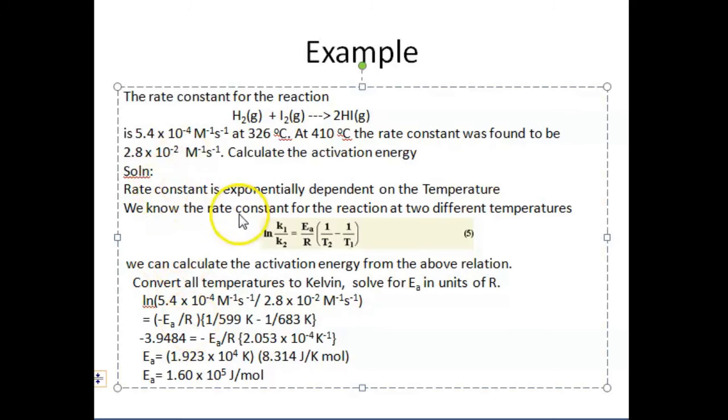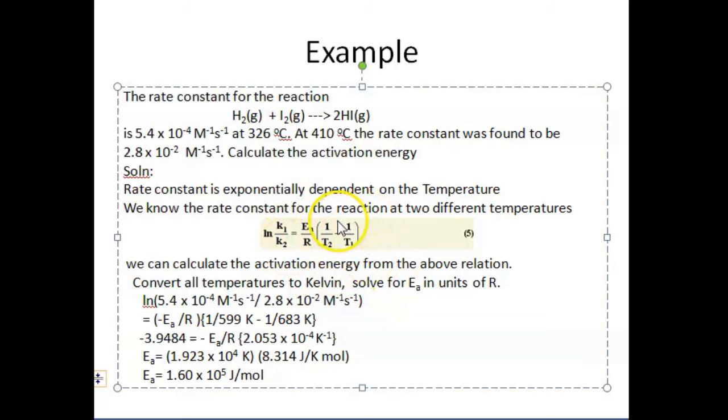The rate constant is exponentially dependent on the temperature, and we know the rate constant for the reaction at two different temperatures, so we can use the formula ln(k1/k2) = Ea/R × (1/T2 - 1/T1) to calculate the activation energy.